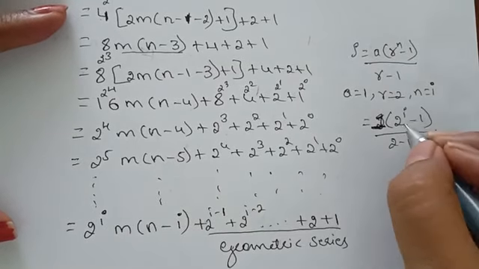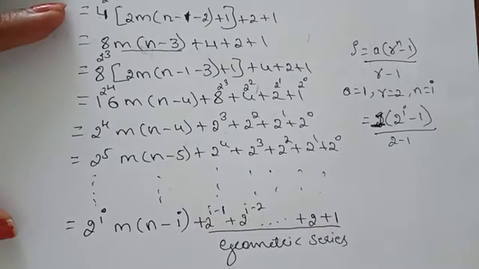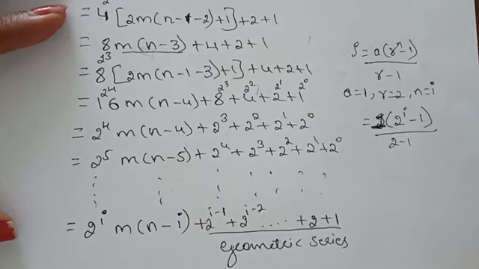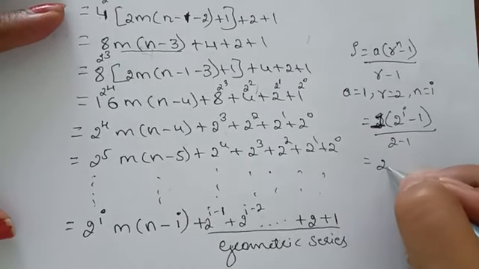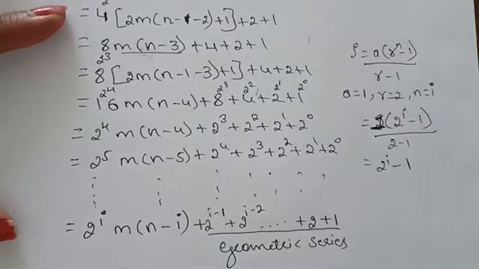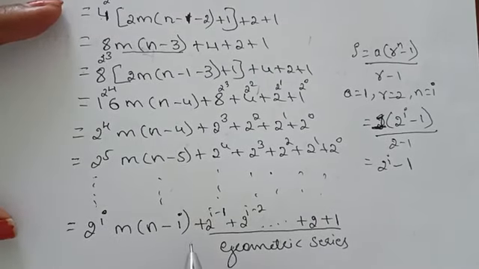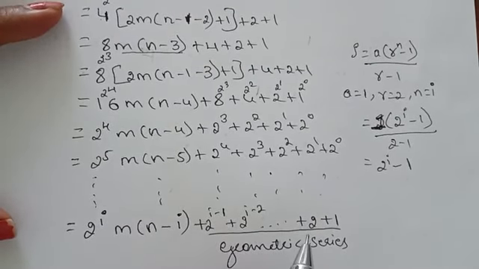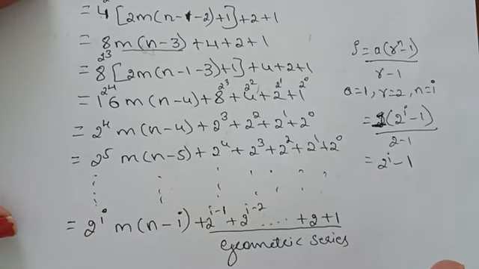Okay, only we need to solve this one. So for this entire thing, I can just have 2 power i minus 1.